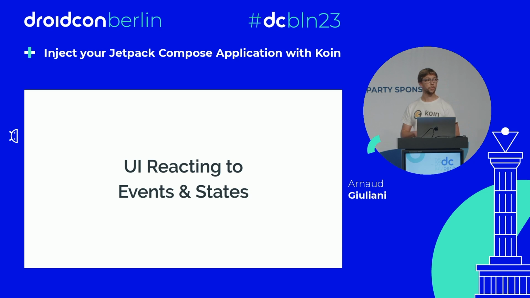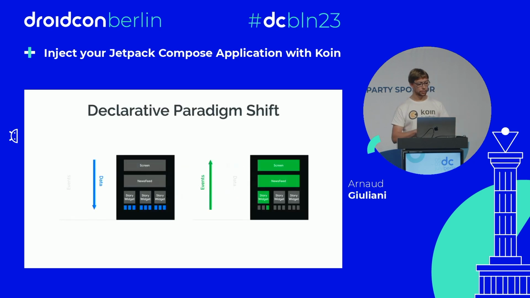And this is about UI reacting to events and states. If you look at Google documentation, it's about this schema where you have to take the habit to write your UI structure in terms of widgets, in terms of data, and then understanding what kind of events are going back from that. And then there's a new way to see that and organize.